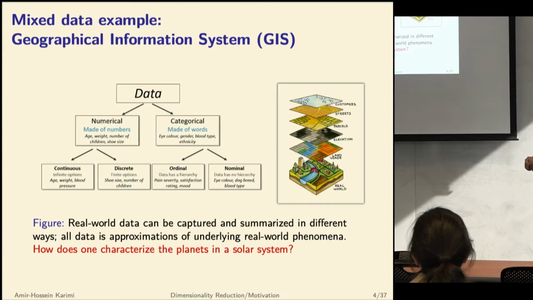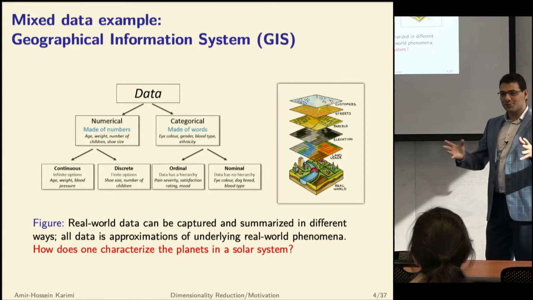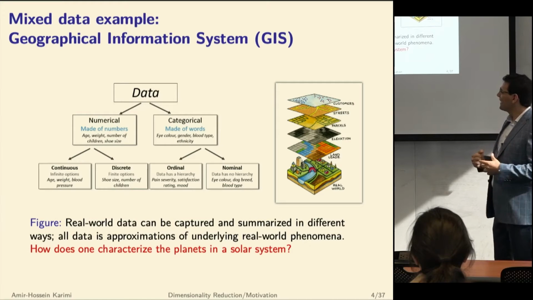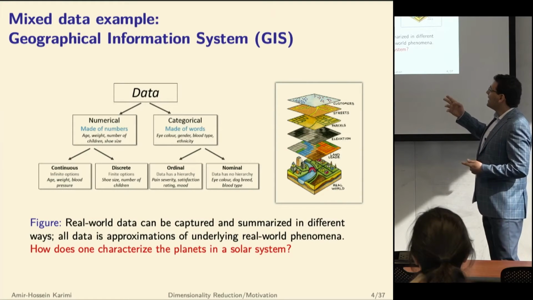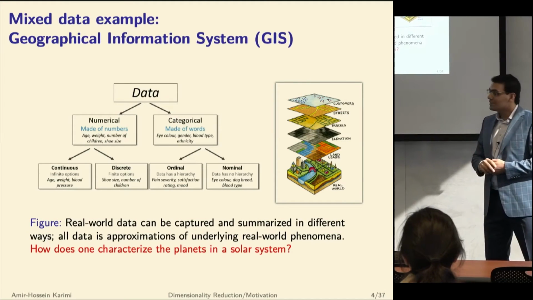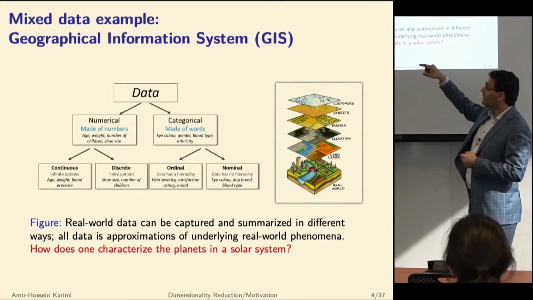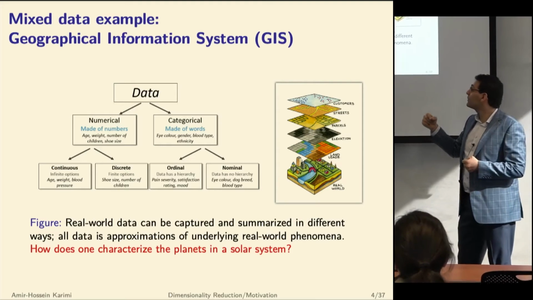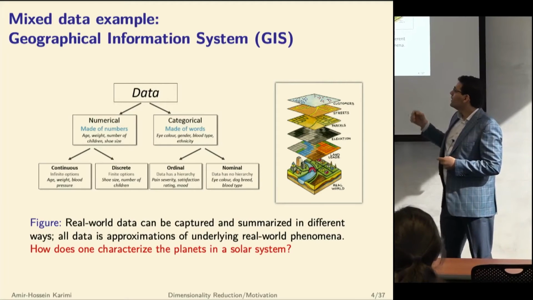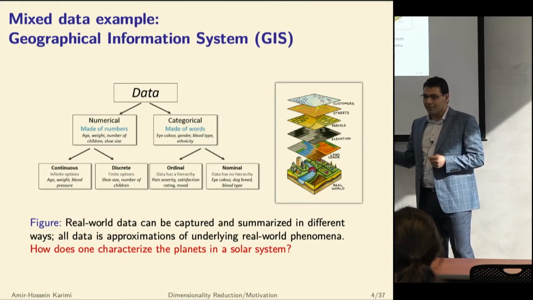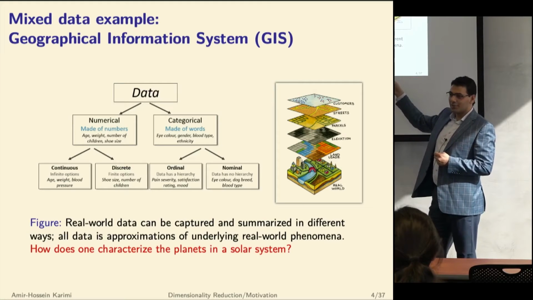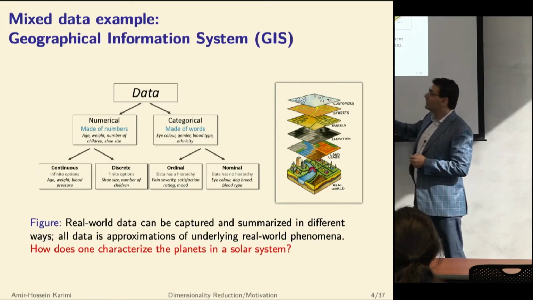And I'm going to ask questions throughout, so I hope to engage you with a bit of participation. Let's consider the example of a solar system, and I'd like you to tell me which one of the categories the characteristic I'm going to mention falls under. So if we have the ordering of planets, which one of the categories would it fall under?